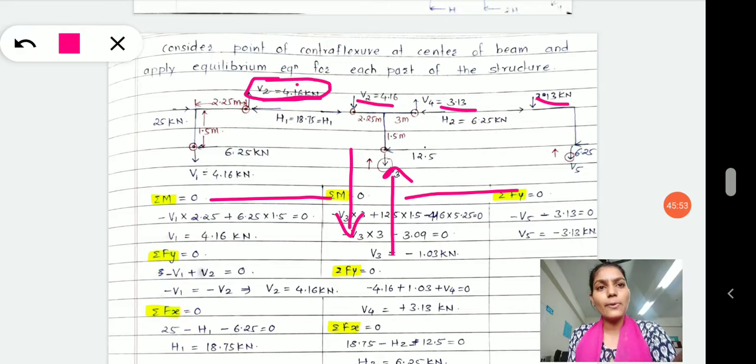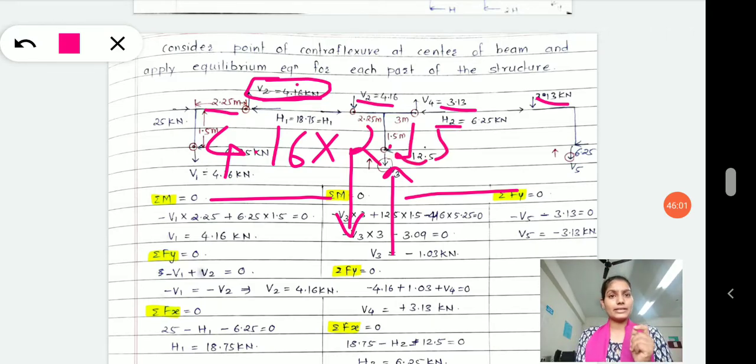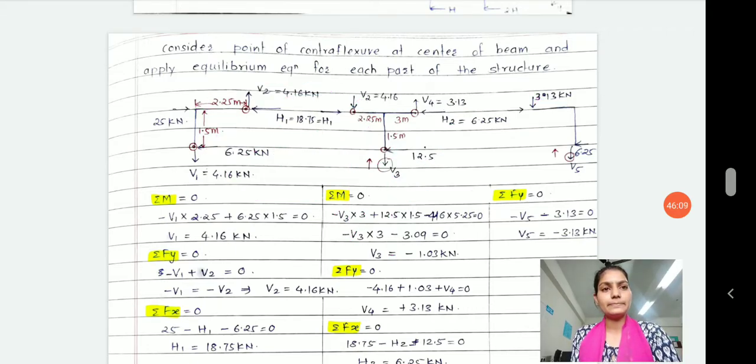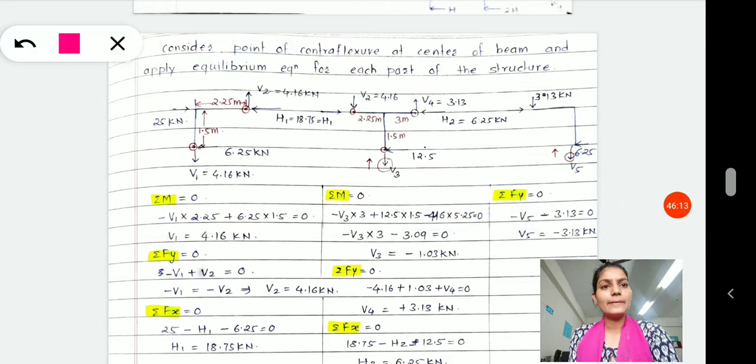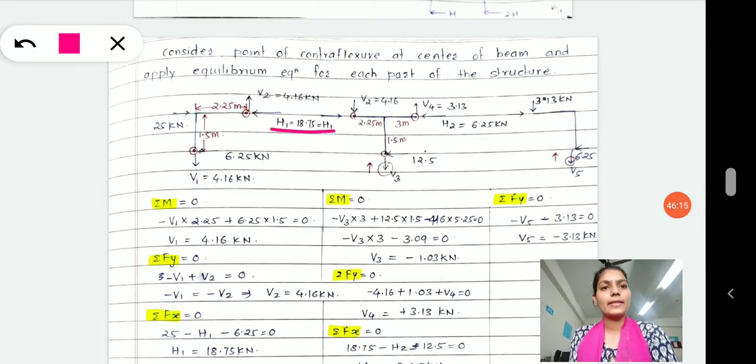And this force 4.16 into horizontal distance 2.25 means what? Force into perpendicular distance, giving us the value of bending moment at this point. And axial force in this will be 18.75.